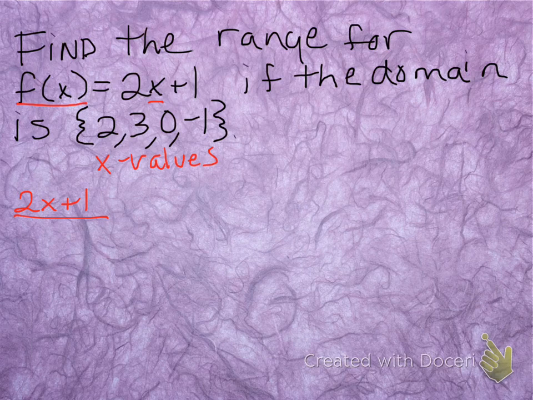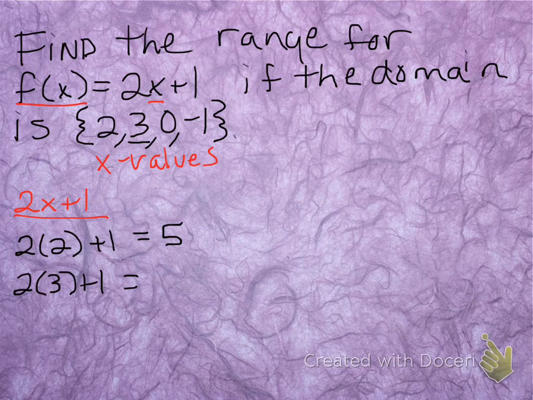that you're going to replace the x with. So our first one, we have 2 times 2 plus 1, which is going to give me 2 times 2 is 4, plus 1 gives you 5. My next one that I'm going to plug in is a 3, so I'm going to take 2 times 3 plus 1. 2 times 3 is 6, plus 1 gives you 7.